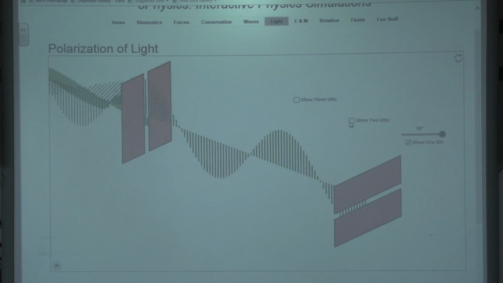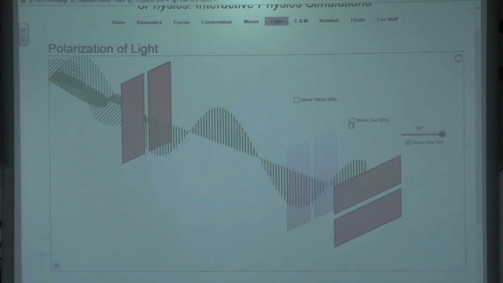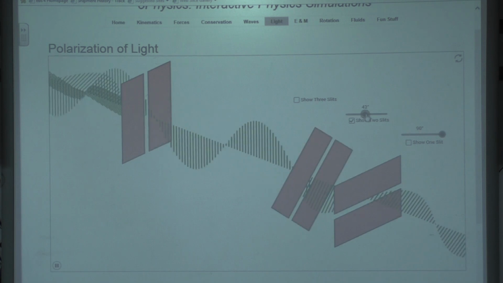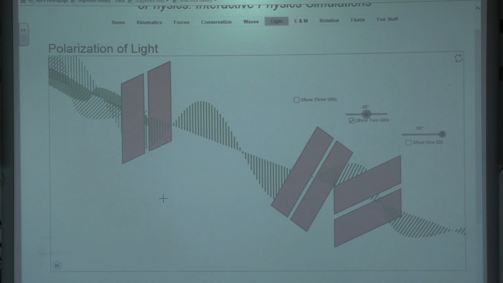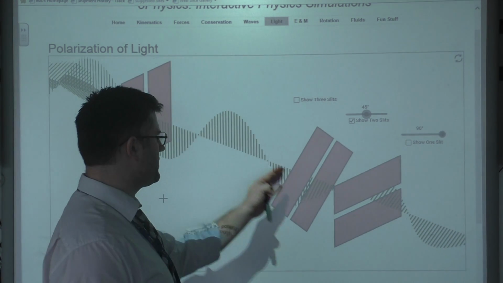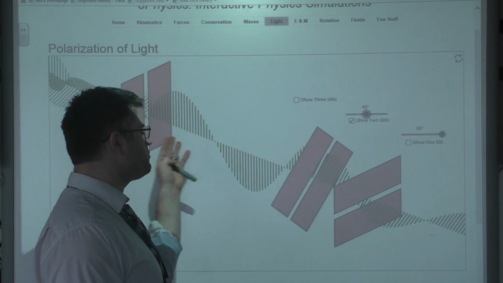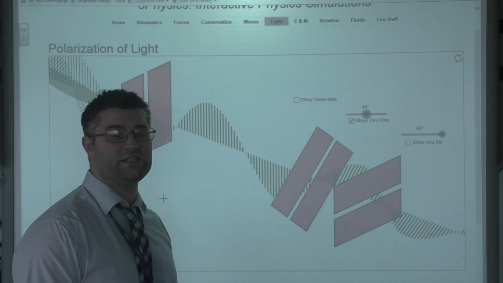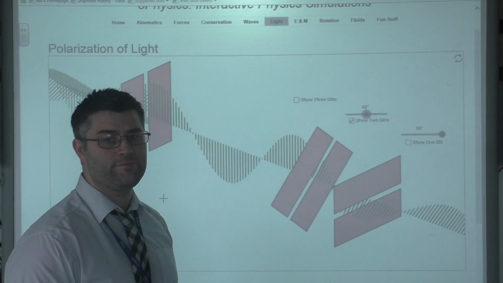When I reintroduce the middle slit and orientate it so that I allow a component through, then because it works stepwise, each one allows for a component which the next one can still transmit a portion of.